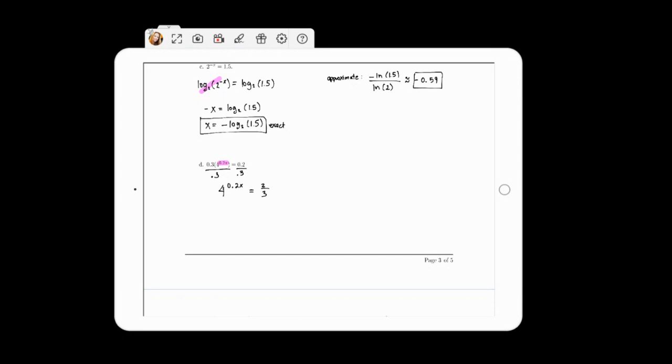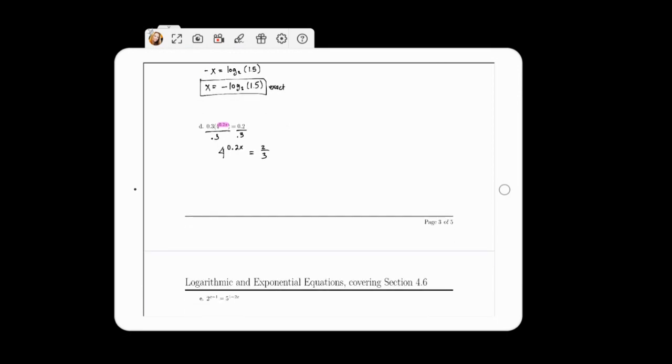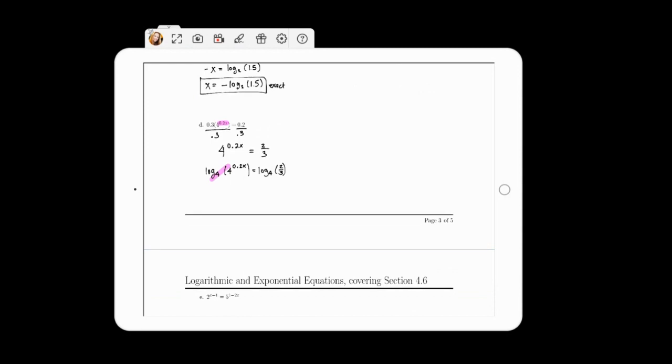Okay, so first I divided both sides by 0.3. And now I have just an exponential function, so I'm going to apply the inverse of it by taking the log base 4 on both sides. I did that because now I have cancellation on the left.